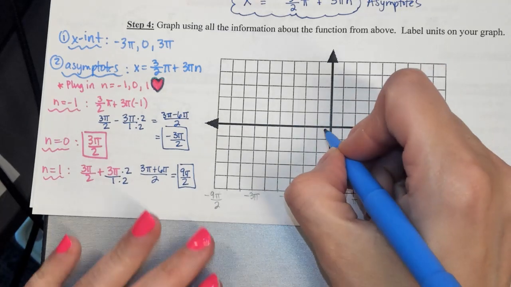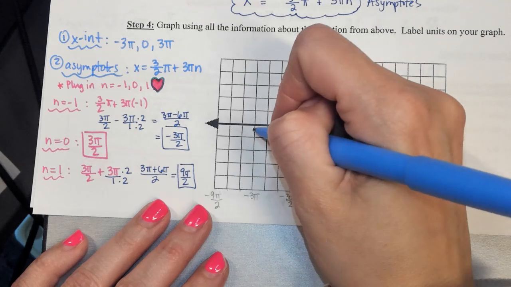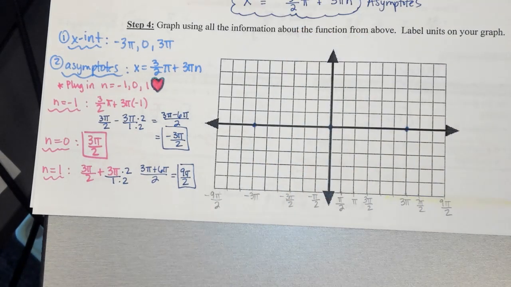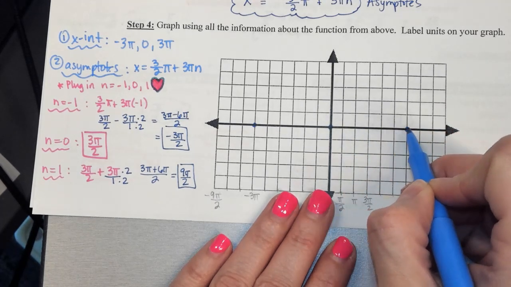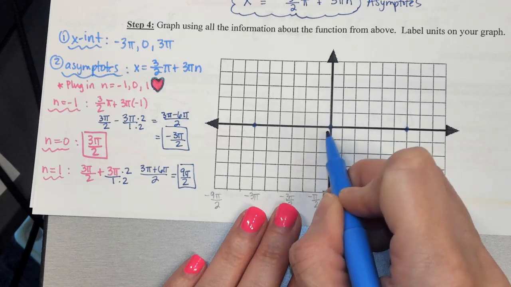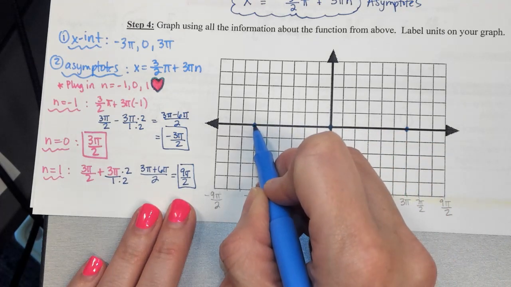Let's see. So you have 0, you have 3 pi, you have -3 pi, and then a pattern should emerge. So 1, 2, 3, 4, 5, 6. So between these, you have 6 units.